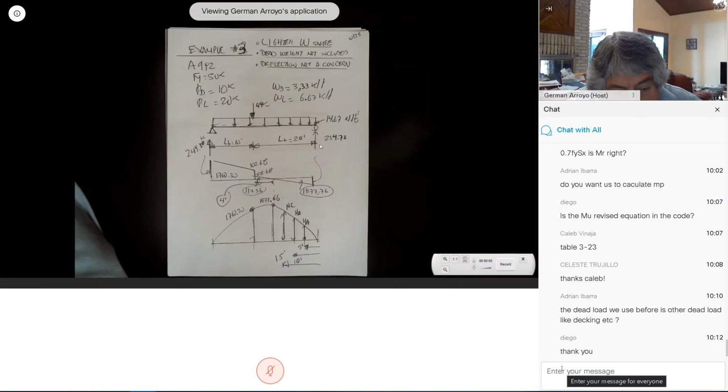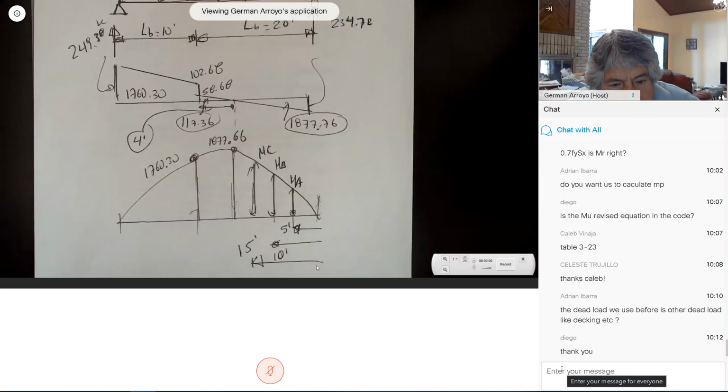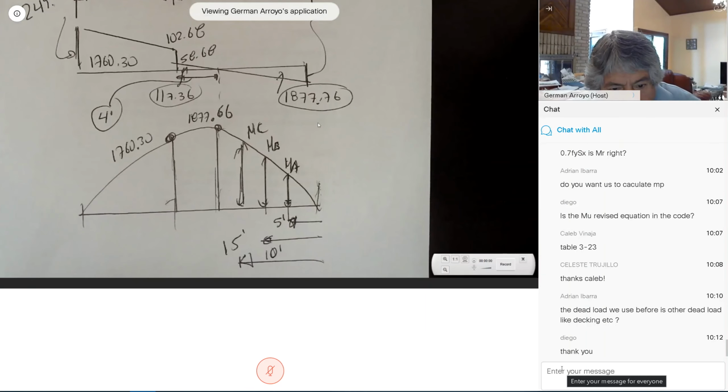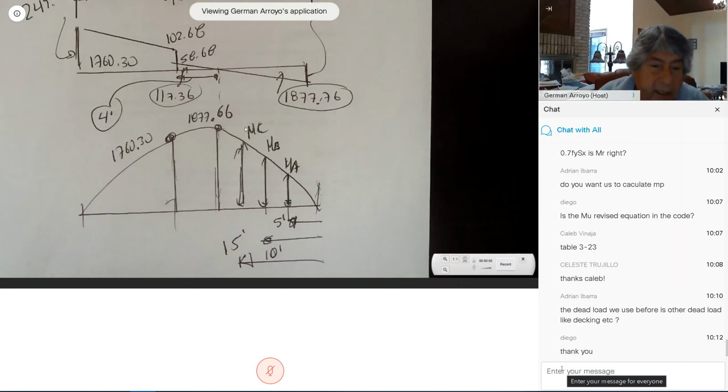So 5, 10, 15. And this is what I have in here. MA 5 of the embrace length, MB 10 of the embrace length, MC 15 of the embrace length. So I need to compute C sub B.